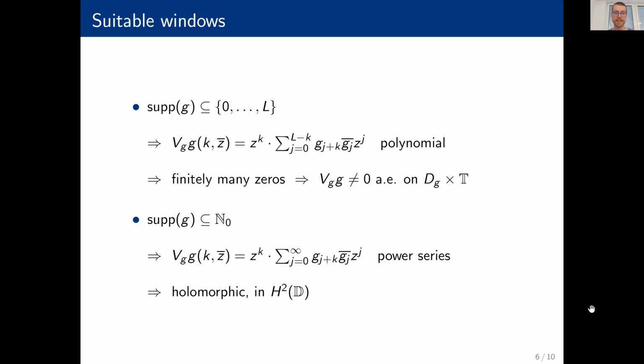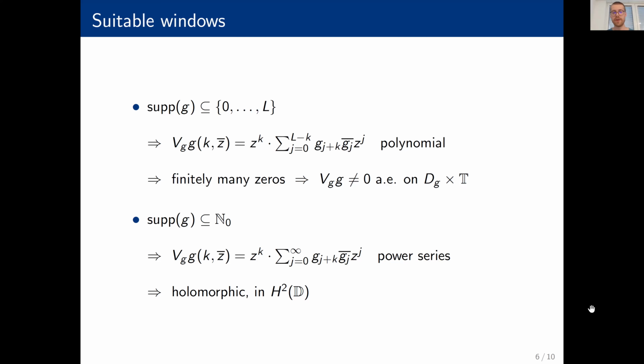So we have a holomorphic function on the unit disk. And again, if we choose the step size, the shift parameter k, to be in DG, then this power series is not identically 0. So because of the identity theorem, we already know that there are not too many zeros in the interior of the unit disk.